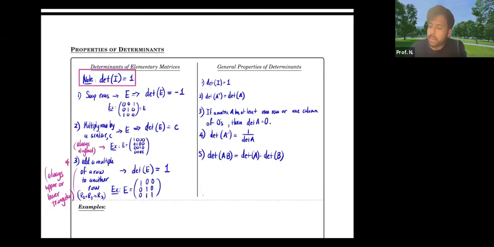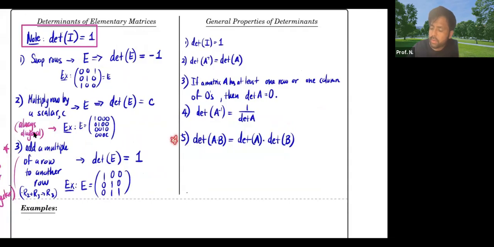A lot of these properties have a theory behind them. We can prove that the determinant of an identity is 1 very easily. We can prove very easily that the determinant of a transpose is equal to the determinant of the original. But this one is a little bit more complex to prove: that the determinant of a product of matrices is equal to the product of the determinants of each matrix.